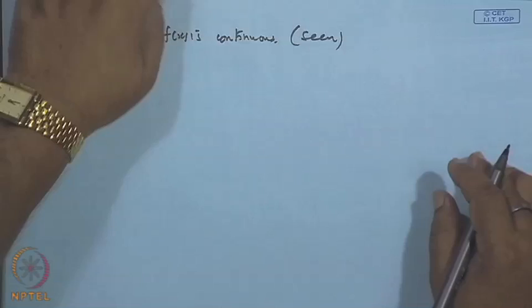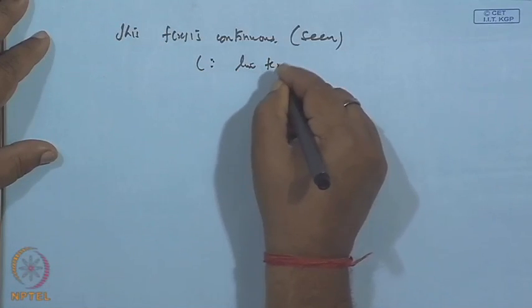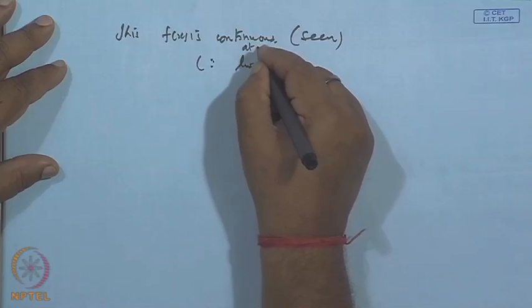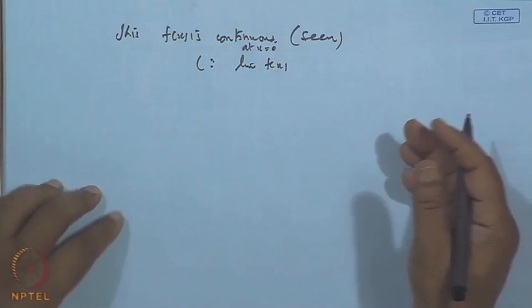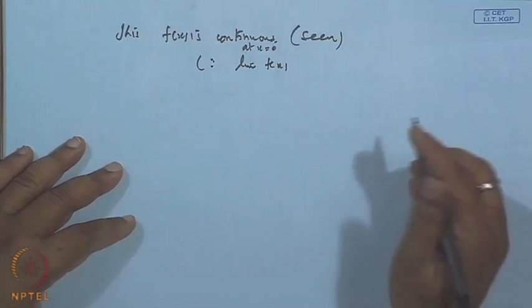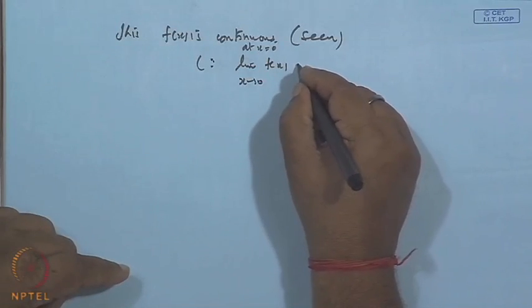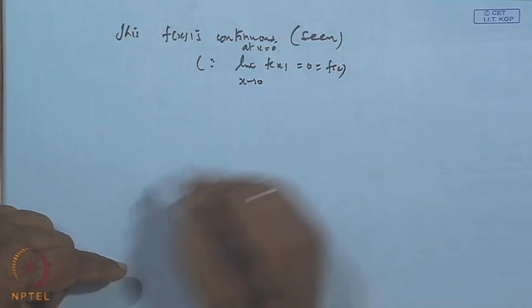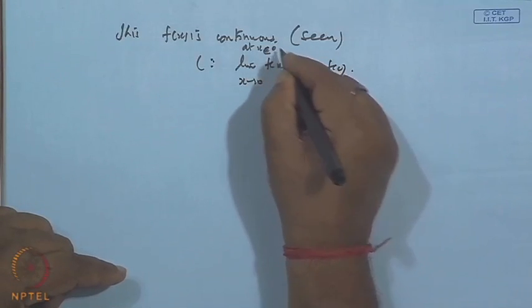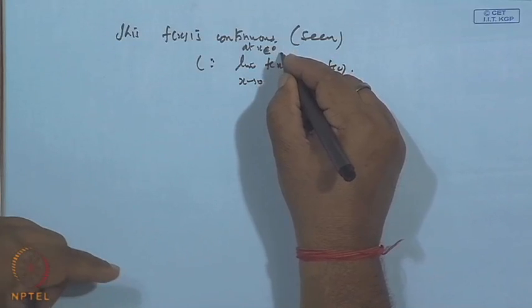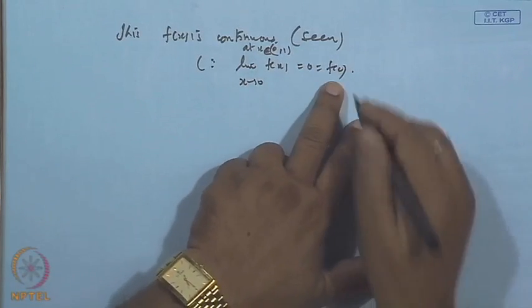The limit of f(x) as x tends to 0 is 0, which is f(0), and for other points in the interval 0 1 it is also continuous. In fact, on the entire interval it is continuous.